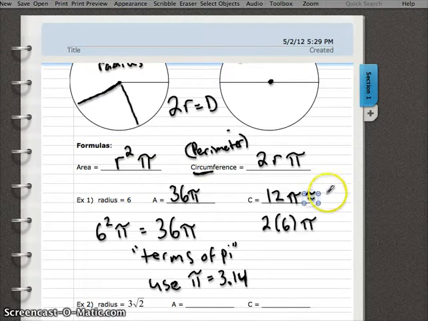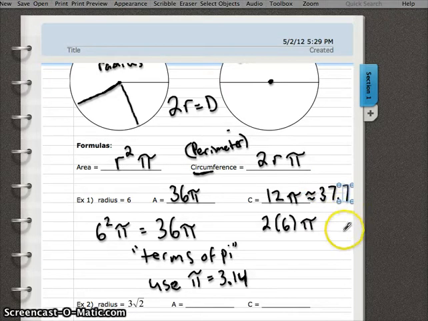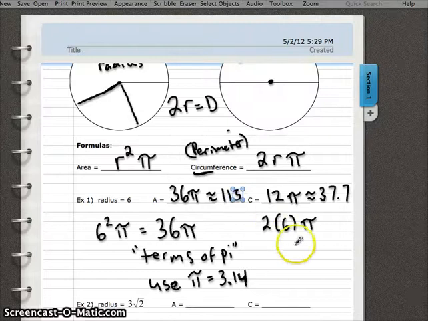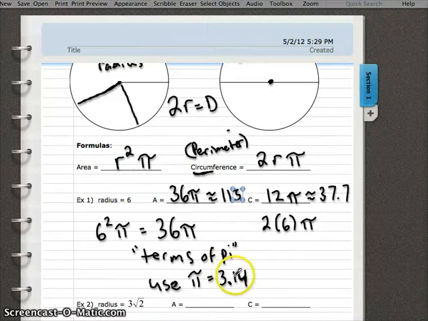And if you did that, hopefully you get something like 37.7 if we want to round to the nearest tenth. If we want to multiply our area, you could get approximately 113. So either way, either in terms of pi, use the symbol, or use the decimal value of pi to get a decimal value here.